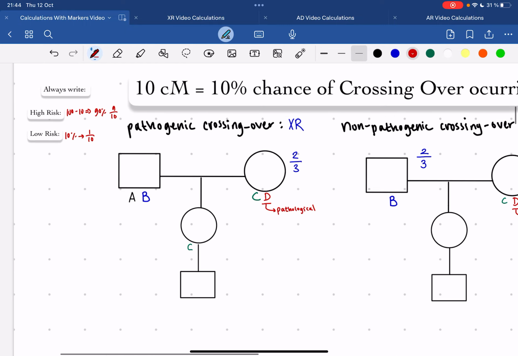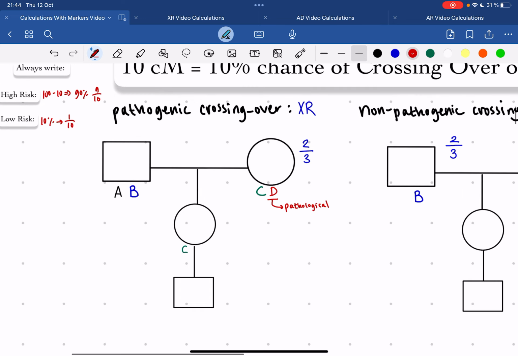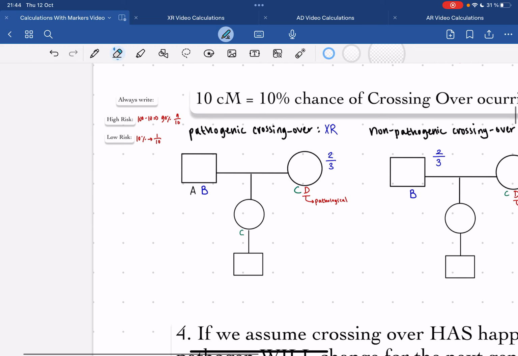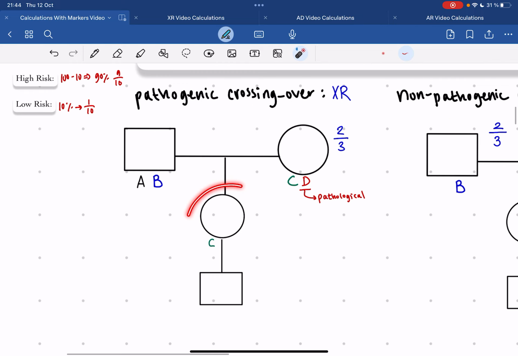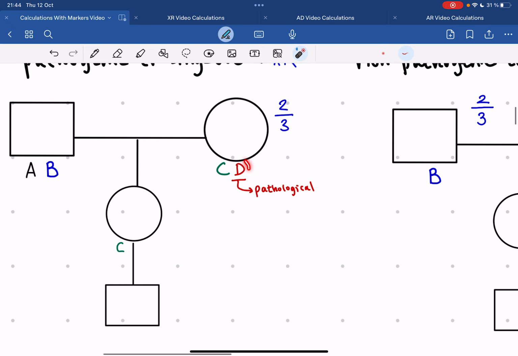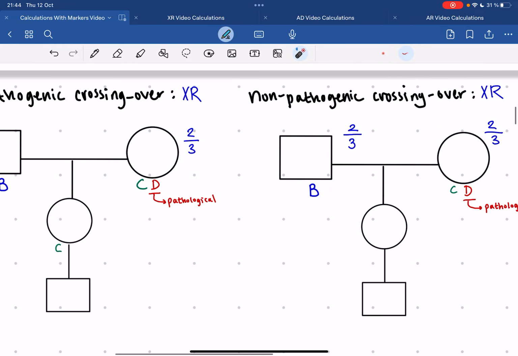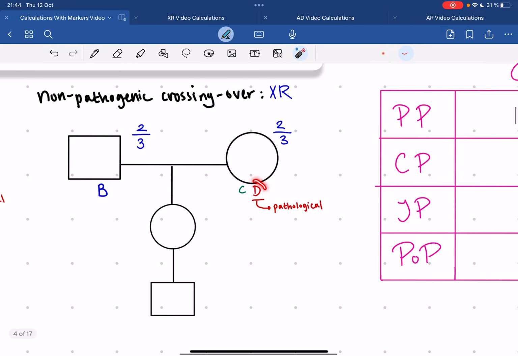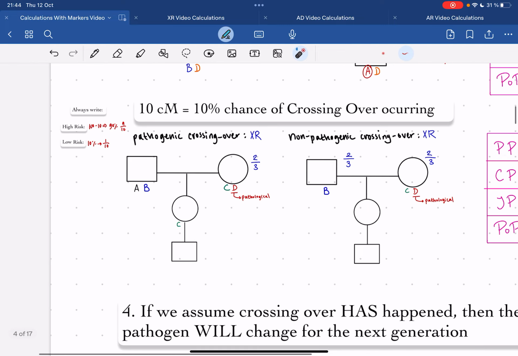Now we come here. You have to remember for XR, the chance for a person, we want to calculate the chance for a person to be affected. Now I wrote down that the pathological marker, or the marker that marks for pathological alleles, is D, so that it would be easier. But usually you have to cross-reference with the other affected individuals in the pedigree.